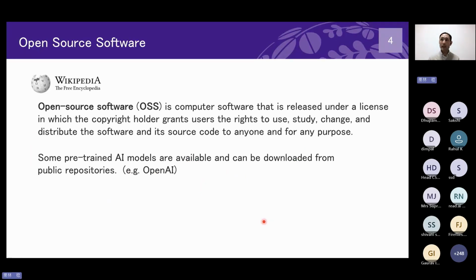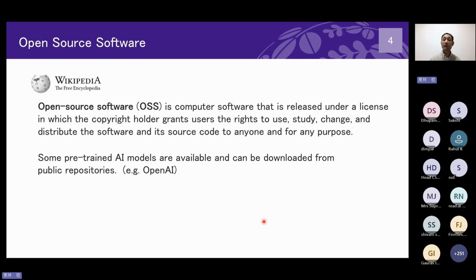But in the real world, there is another trend, like open source software. It is computer software released under a license in which the copyright holder grants users the right to use, study, change, and distribute the software. And the source code can be modified for any purpose. One of the examples is OpenAI.